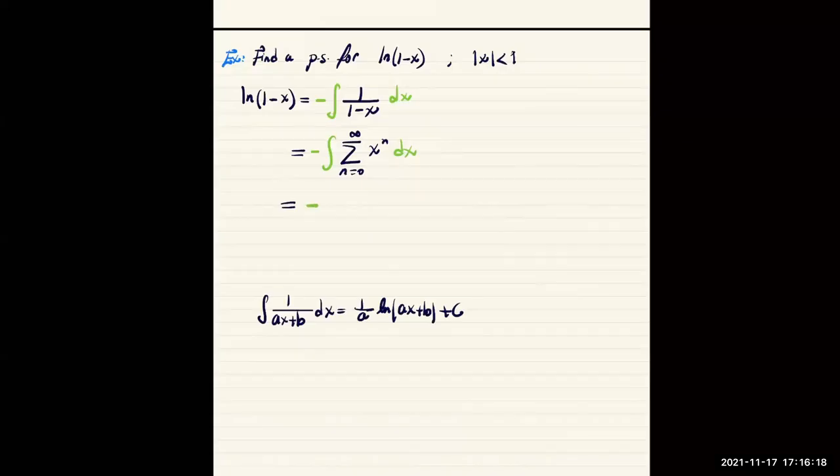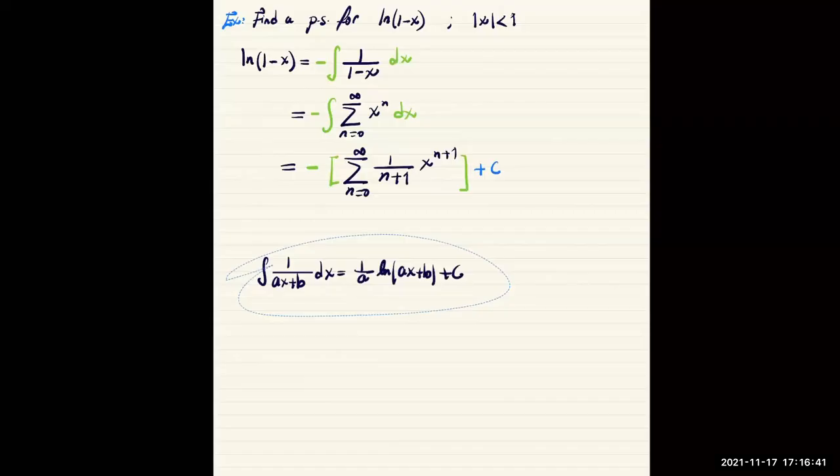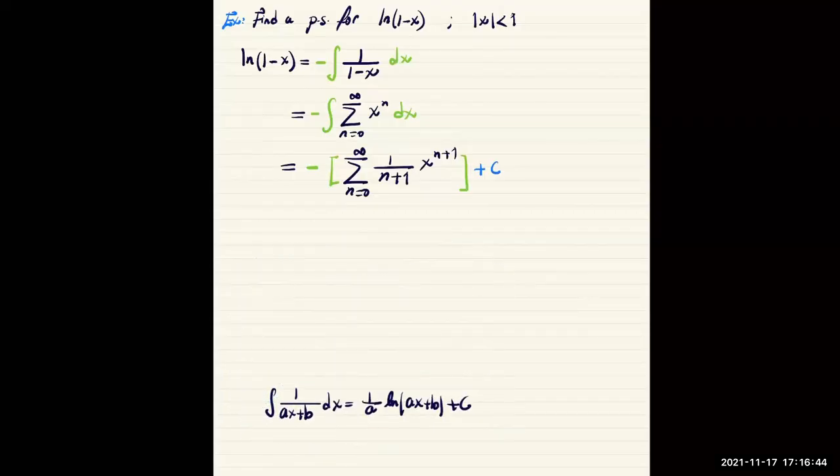So negative of the sum, n equal to 0 to infinity, of 1 over n plus 1, x to the n plus 1. I use the power rule. And don't forget that there is a plus c. Don't leave it like that, because we need to know what c is. Unfortunately, you have to find c, that constant of integration.